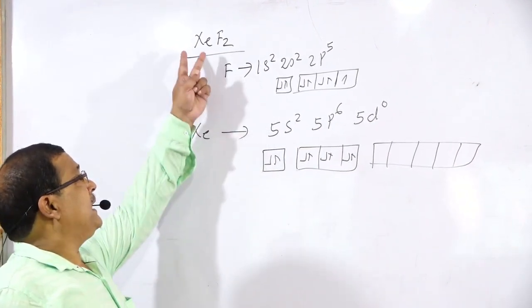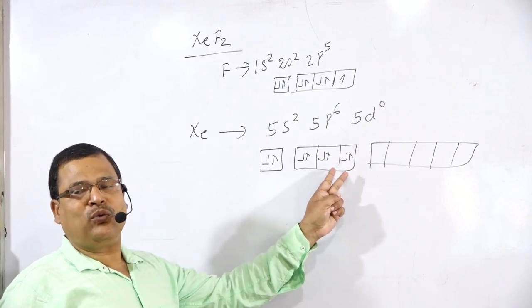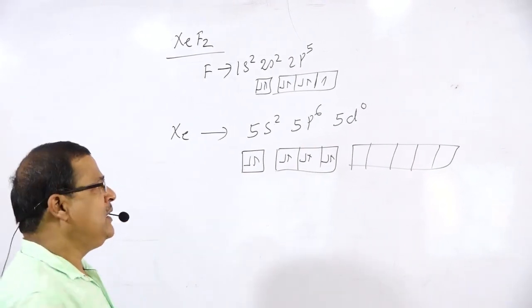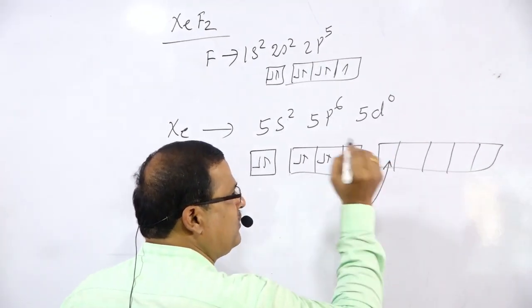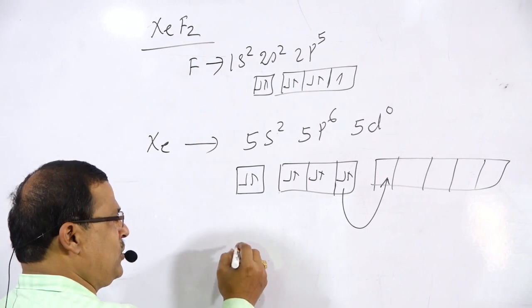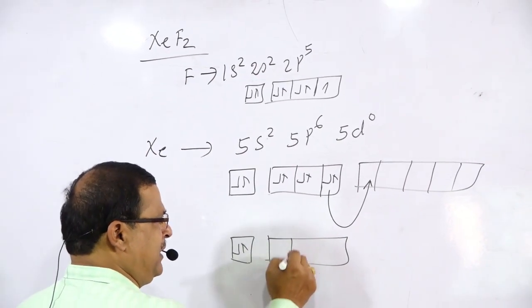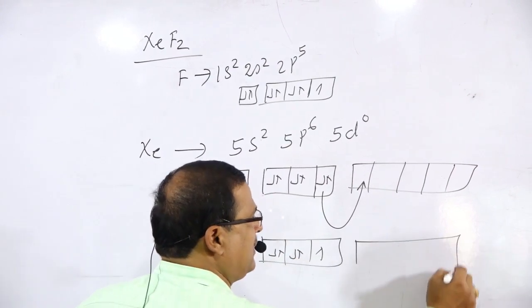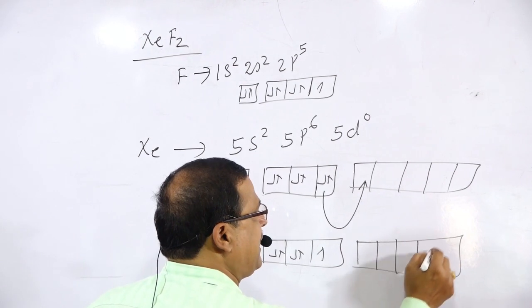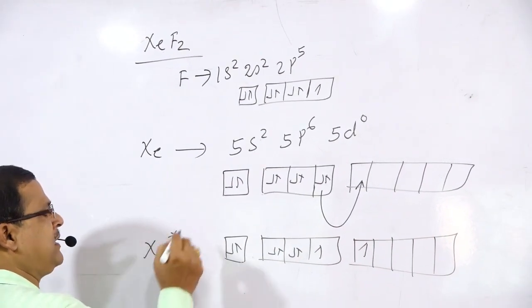So for xenon to form two bonds it must have two unpaired electrons, meaning one pair becomes unpaired, and one electron is promoted to the vacant d orbital. So 5s2, 5p with 2 pairs and 1 unpaired, and 1 electron promoted to the vacant d orbital, and this is the xenon atom in the excited state.